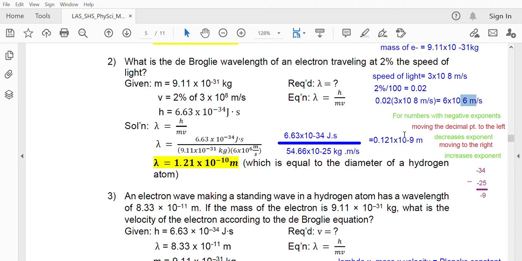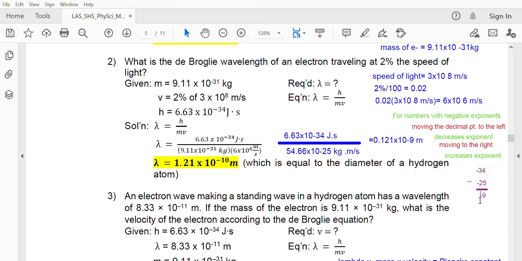Now, why is it minus 9? When numbers with exponents are divided, the exponents are subtracted. So that is minus 34 minus 25. In subtraction, we change the sign here.